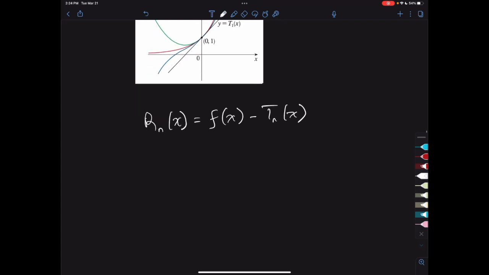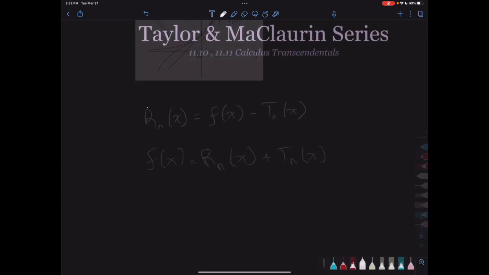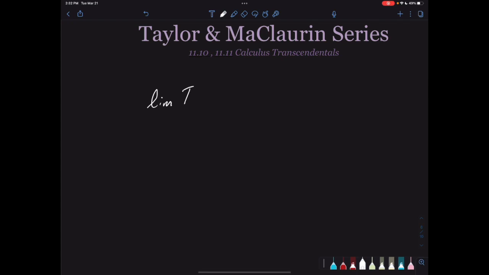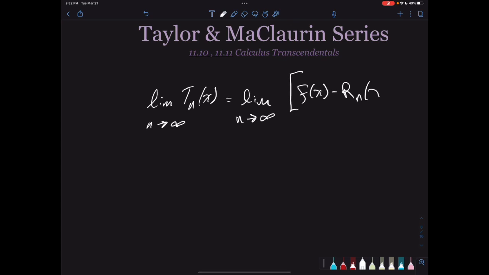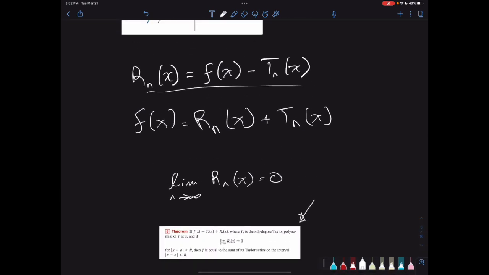Now we can also rewrite this such that the original function is equal to the remainder plus the approximation. If we take the limit of Tn of x as n goes to infinity, it's the same as taking the limit as n goes to infinity of f of x minus Rn of x, according to what we found above. This guy right here.